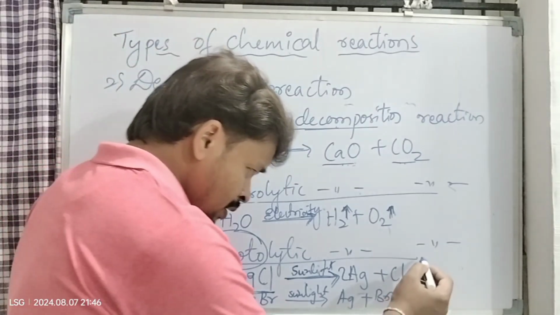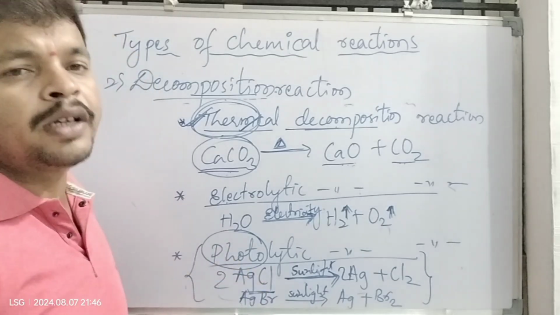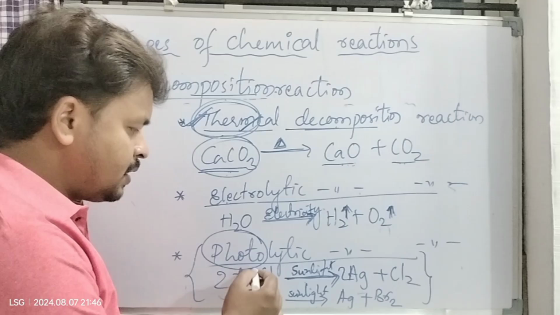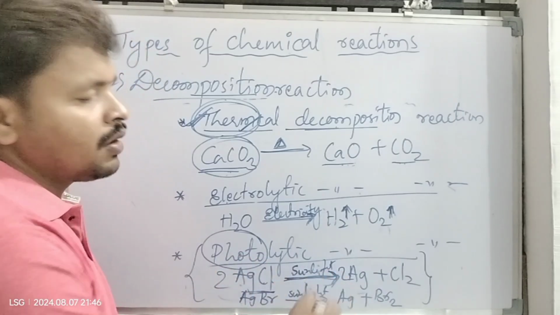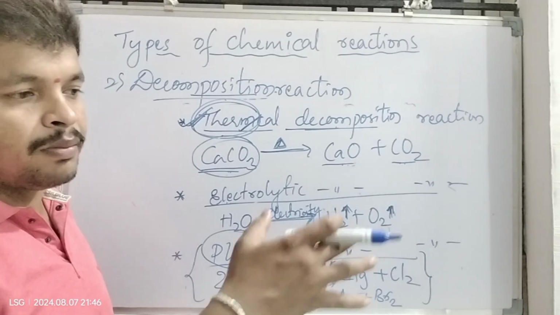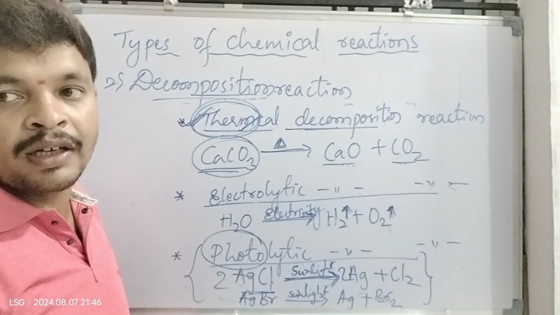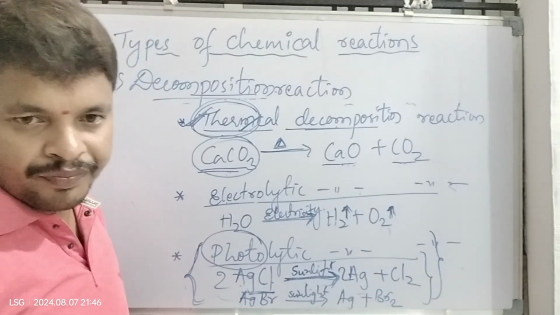And many times, applied questions are asked about the photolytic reaction. How is the decomposition of AgCl or AgBr used in black and white photography? Which reactions are used in black and white photography means you must write this photolytic reaction.